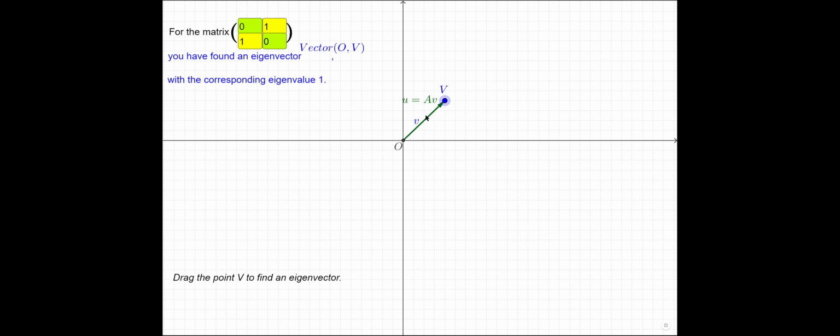Over here, the image is not the same: the green vector, the image vector, is different from the blue vector, the domain vector. So as it is right now, this V is not an eigenvector.